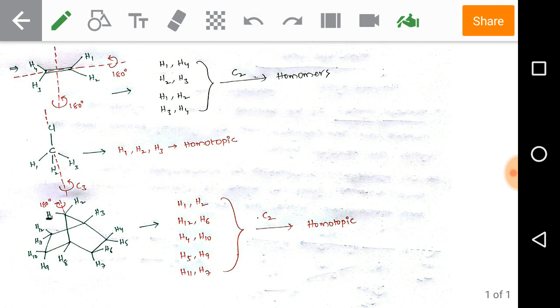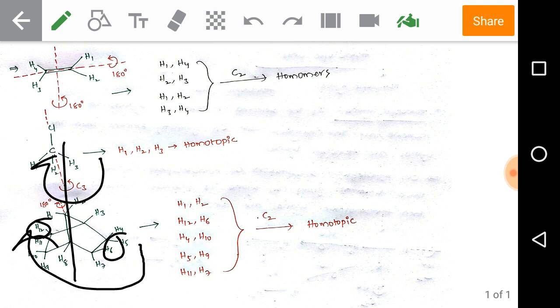Just consider here H12, which is labeled 12 for that hydrogen, and H6, here is the H6. On C2 rotation, H6 takes the H12 position and H12 takes the H6 position exactly. Hence H12 and H6 are in a homotopic relationship.